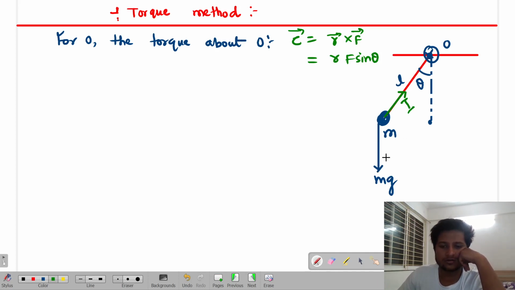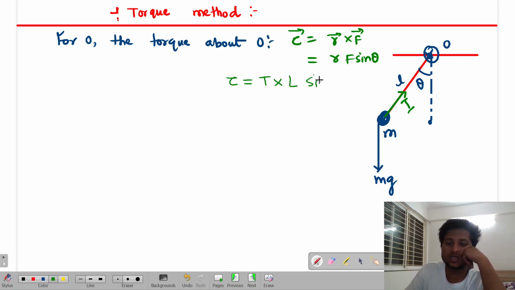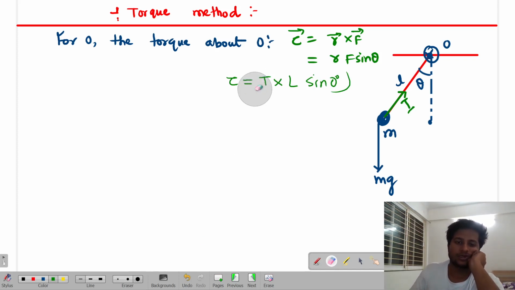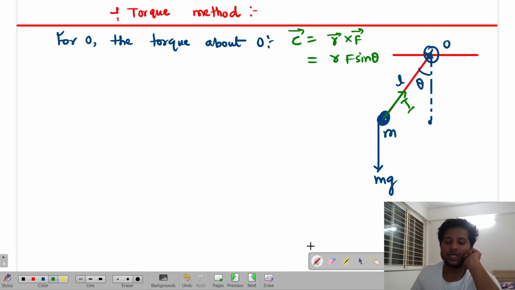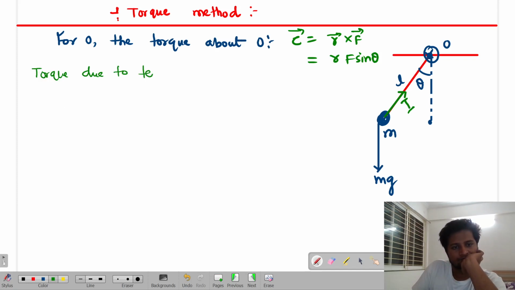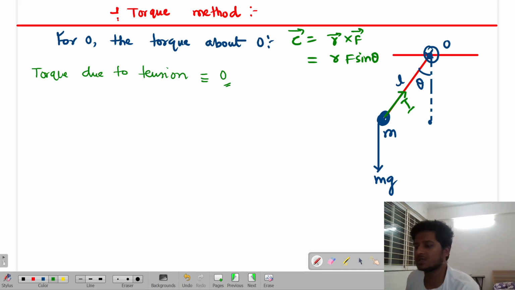By mg only. Torque due to tension is tension into L, and the angle between them is zero. When I teach rotational motion, I will definitely do that. So the torque due to tension is zero. Got it or not?